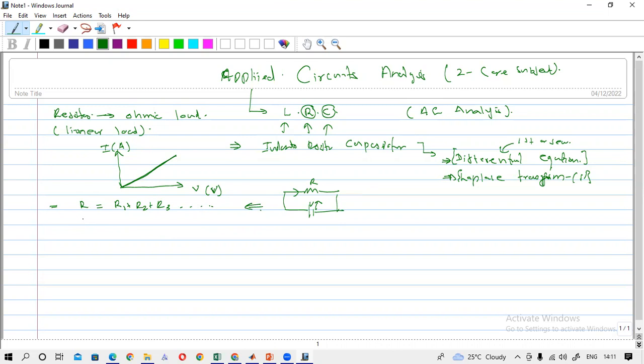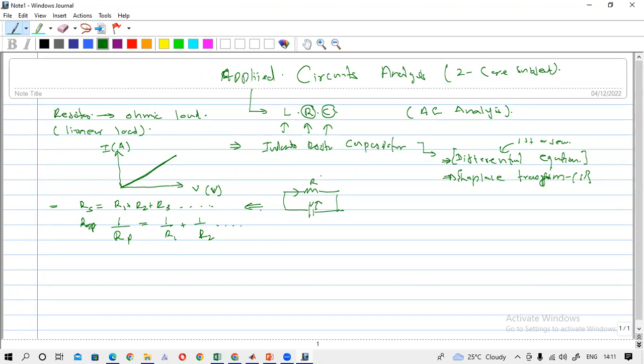If the resistors are in parallel, the resultant parallel resistance is given by 1 over R equals 1 over R1 plus 1 over R2, like this.